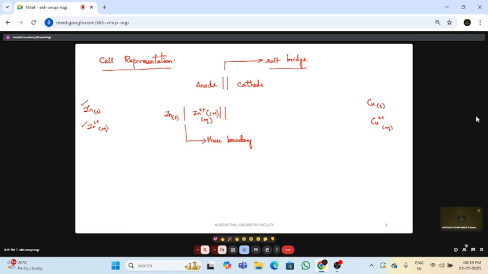And there are two different physical states, and I have to represent or differentiate them using a single vertical line, which is called the phase boundary. Among copper and copper 2+, which is the most reduced species? The species which has more electrons is considered to be the reduced one.